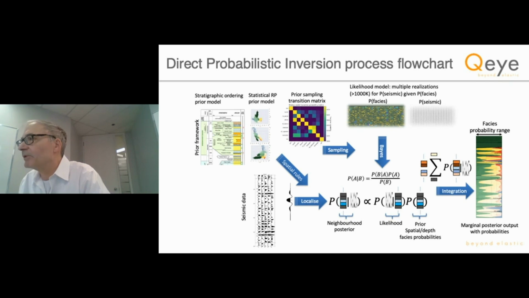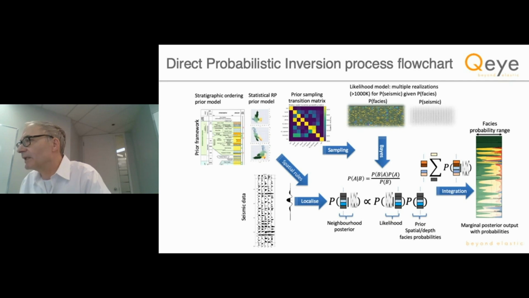So that's our output, the local neighborhood posterior, from the input probabilistic descriptions and measurements. And then we take each individual window and just sum them vertically, and that gives us the output, which is the marginal posterior, which is showing a facies probability range.